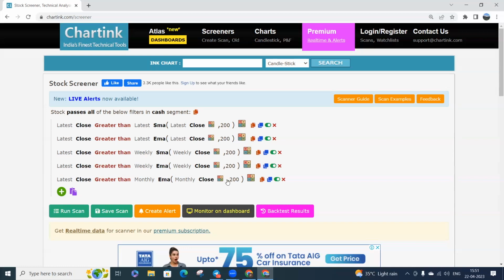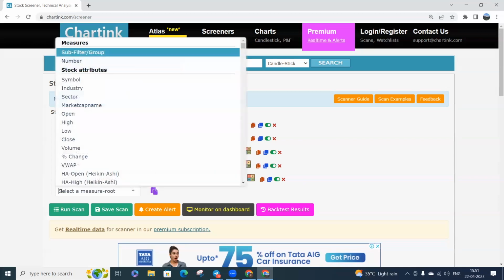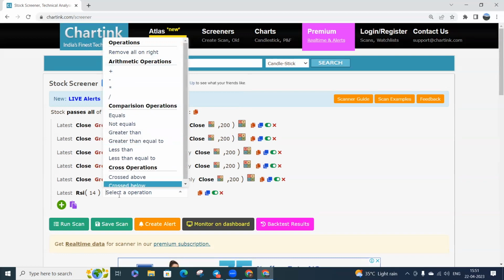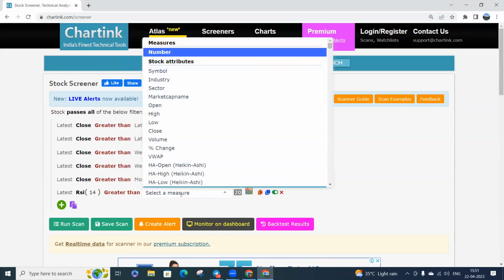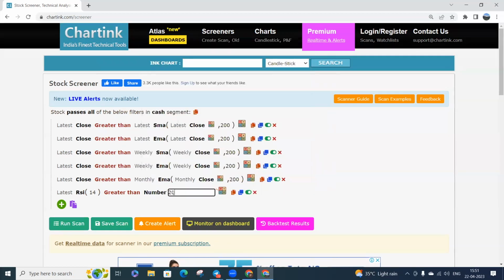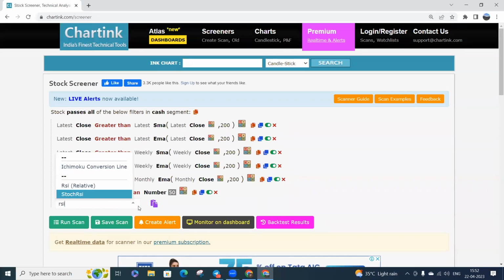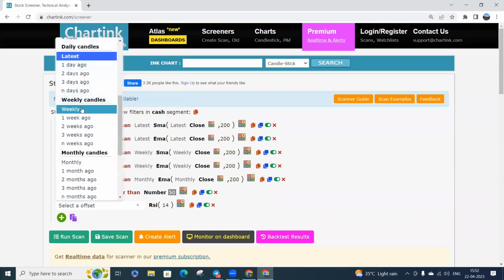Okay, so this is the first thing I'll do, which is to look out for a particular script. Then I'll look for RSI. When the RSI is greater than a number, not 50, I'll take 51 or 50, whatever, I'll take 50. This is on weekly.